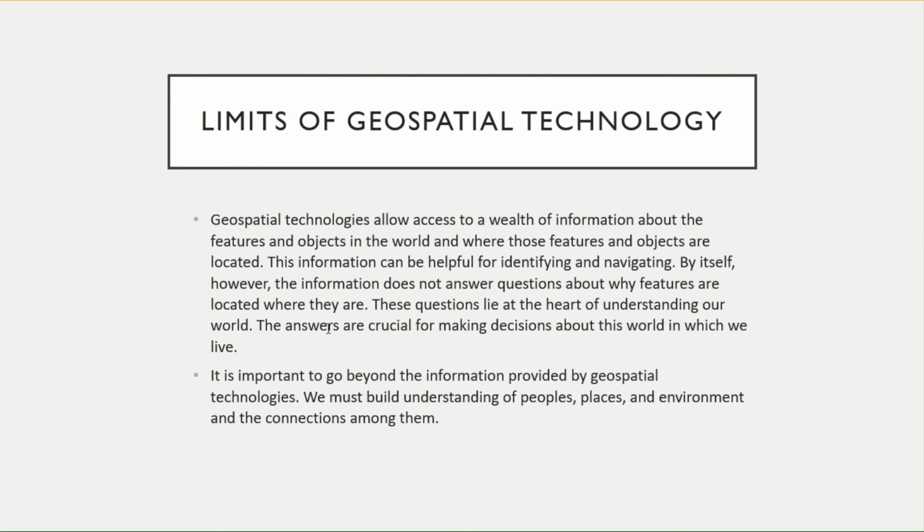But for natural features, geospatial technology cannot detect and give you the reason why they are located here. So it has limits: it can tell you what it is and where it is, but for natural features it won't give you the reasons why they are located there.